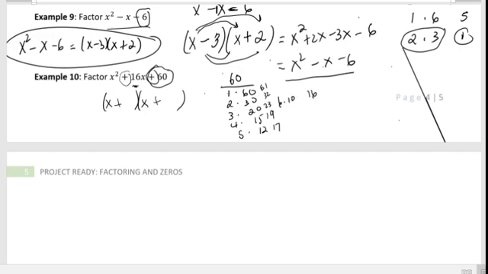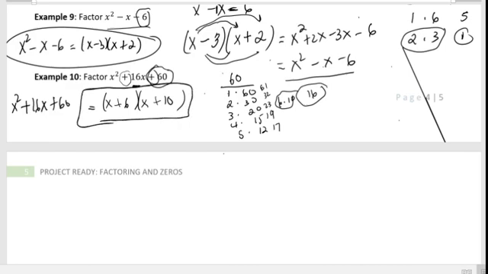And notice that the number that we want is 16. That's the middle term here in the polynomial. And so 6 and 10 will give me that 16. So I would use a 6 and a 10. So this polynomial x squared plus 16x plus 60 is equal to x plus 6 times x plus 10.